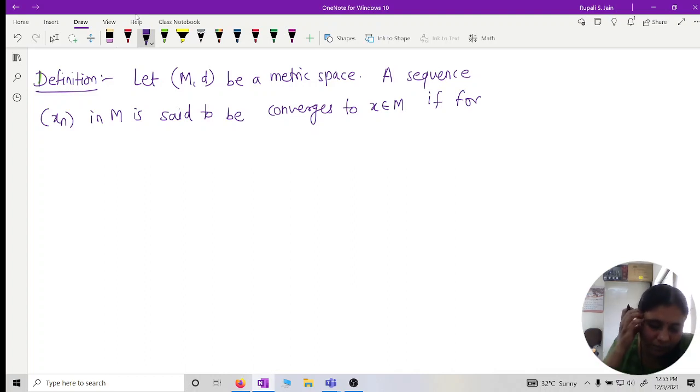What is the definition for the real line? When we say that xn converges to x, not only mod, but for every epsilon greater than 0, there exists a natural number N such that mod of xn minus x is less than epsilon. Now here, instead of mod, what should be there?